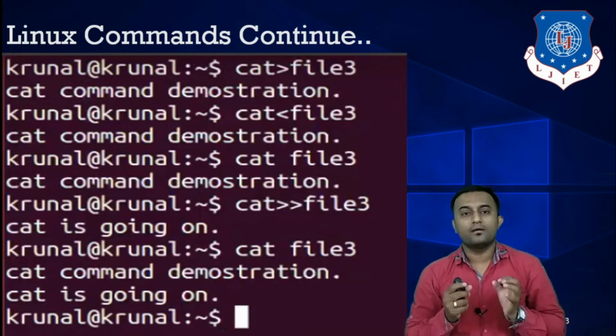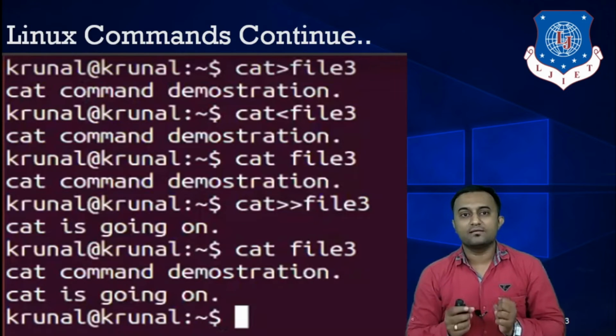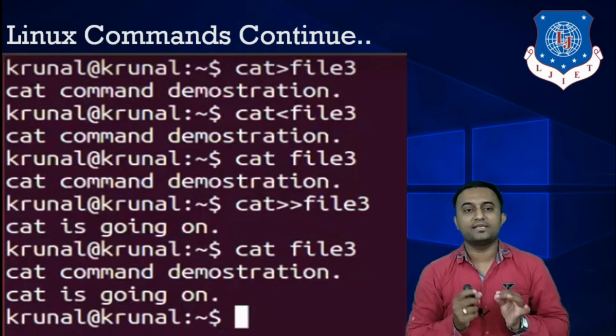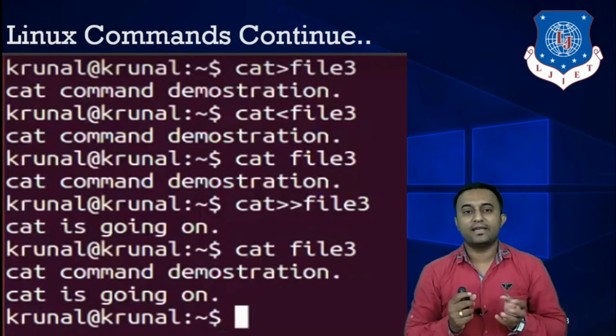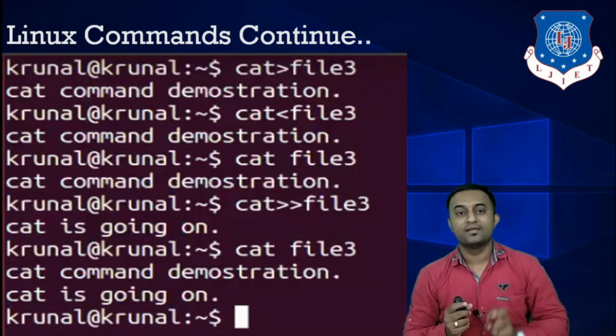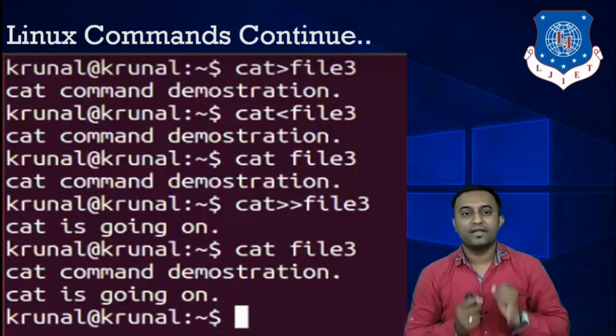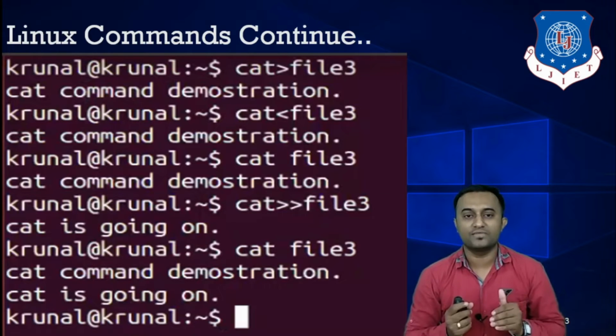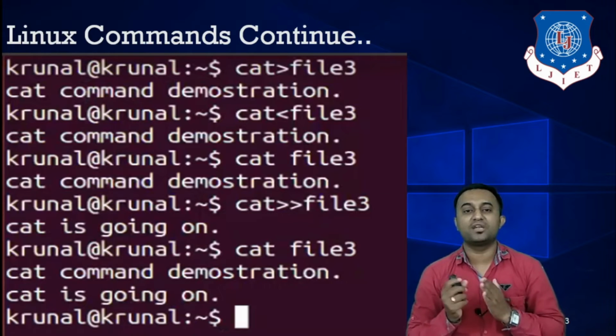I need to mention "cat is going on". This text I have mentioned, and then I will press Ctrl D once again, which means save and exit. Then again I will see the content of this file with the help of cat space file3.